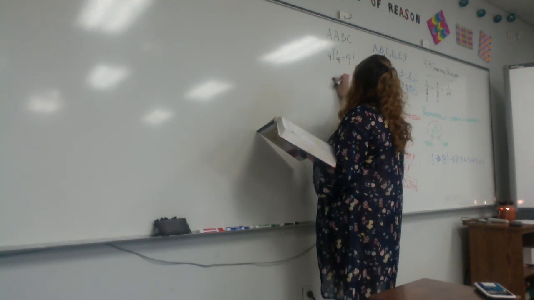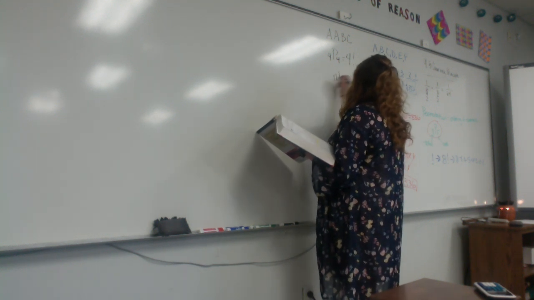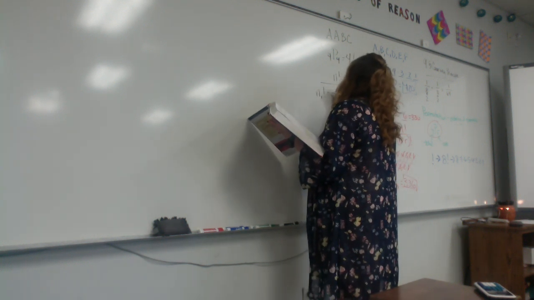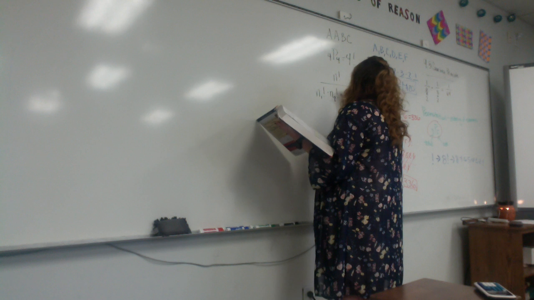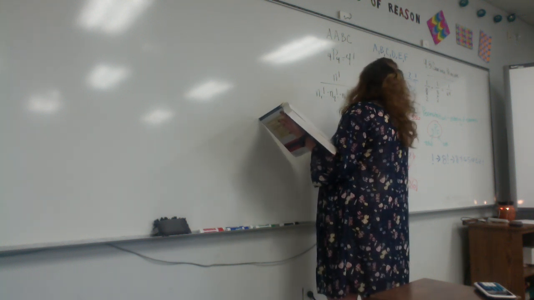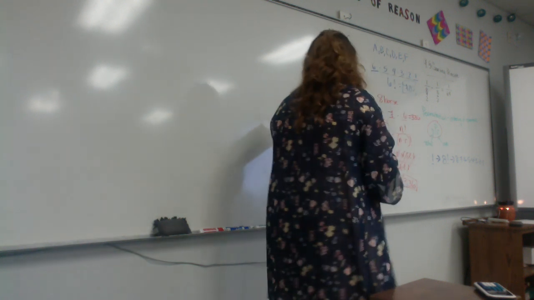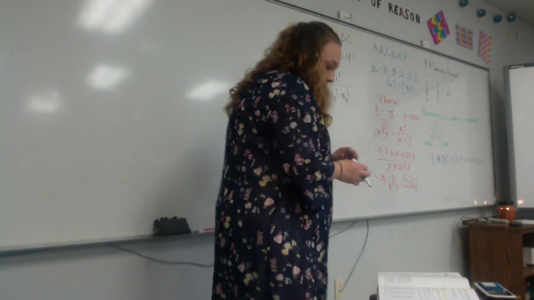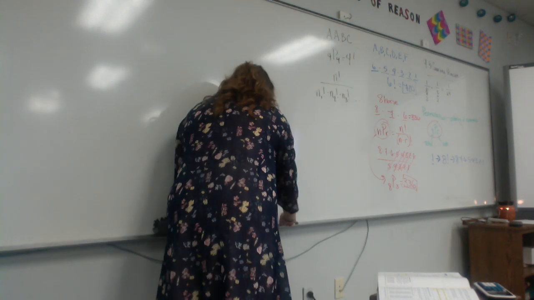The number over n1 times n2 times n3, and so on and so forth until you get to the end of whatever that is. So, we're going to take a look at one of those.